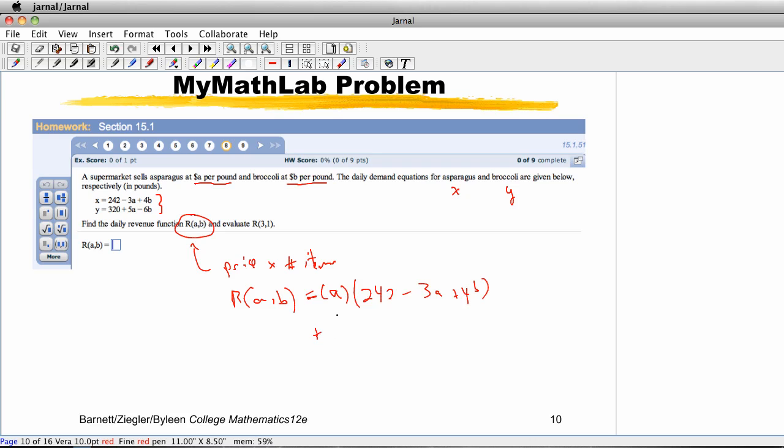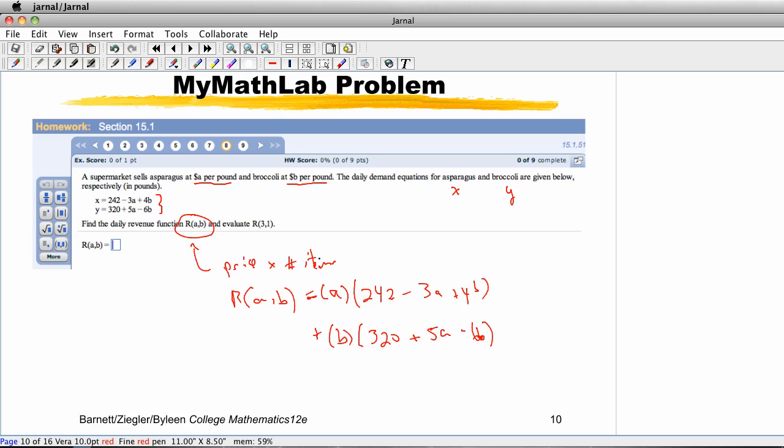So that's my revenue from asparagus, and I want to add to that the revenue from selling broccoli. Well, the price of broccoli is B a pound, and the amount of broccoli I expect to be able to sell at this price point is 320 plus 5A minus 6B, which is described by the equation up here. So we can simplify that if we want to before we put it in the box.